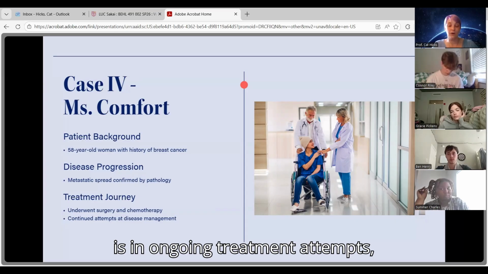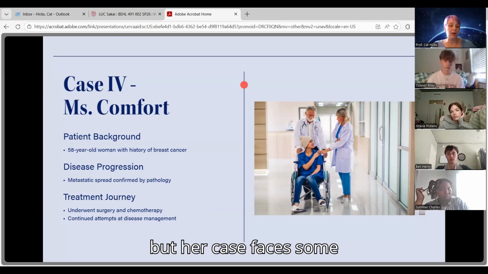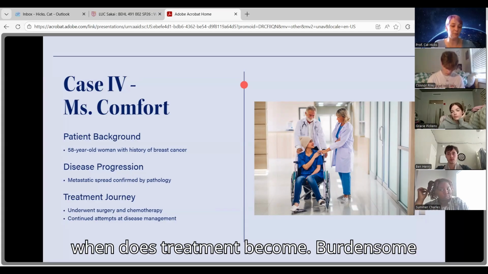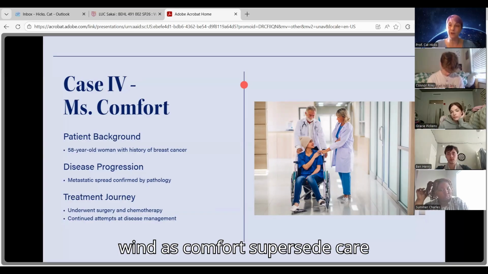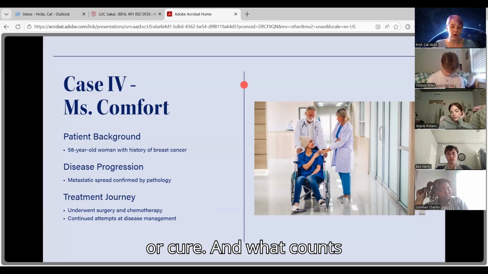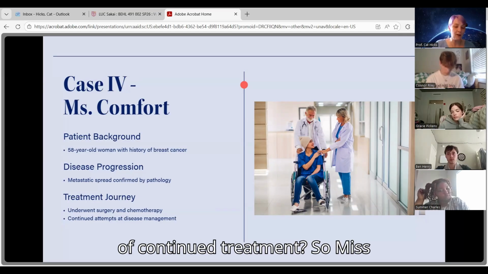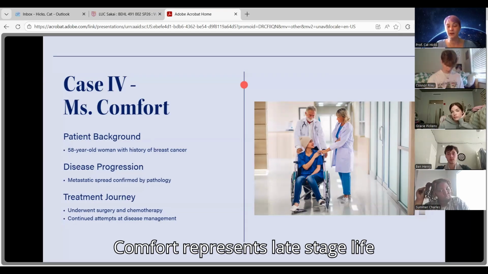She is in ongoing treatment attempts, but her case faces some emerging questions about when does treatment become burdensome, when does comfort supersede care or cure, and what counts as a benefit when we can't actually promise the benefit of continued treatment. So Miss Comfort represents late stage, life-limiting illness.